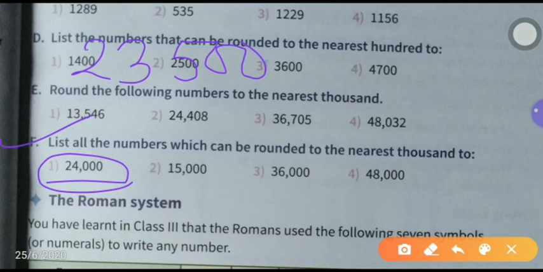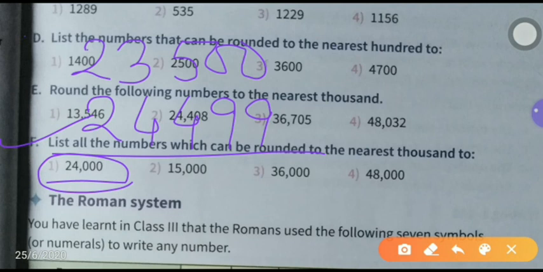Like this it will come up to 24,499. So from this number to this number you have to write, from 23,500 up to 24,499. These numbers, if you round off, you will get 24,000.